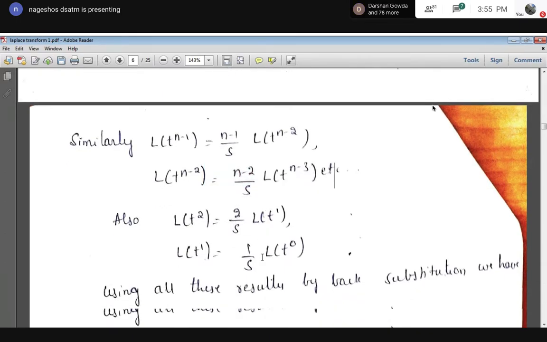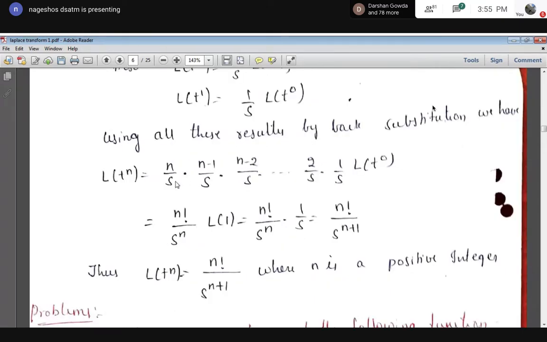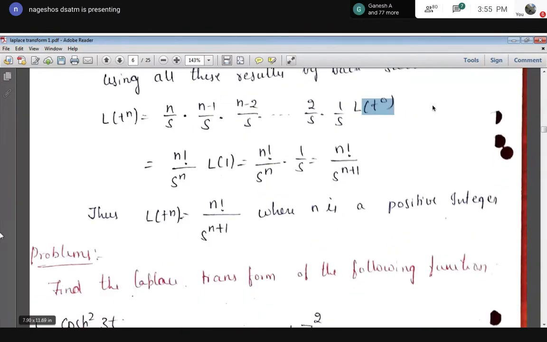It will continue like this. It will end here. So it will be n factorial. n into n minus 1, n minus 2, up to 2 into 1 is nothing but n factorial. s into s into s into s means how many times? n times. So s power n. Here L of t power 0 is L of 1. L of 1 is 1 by s. So n factorial as it is, denominator s power n plus 1.